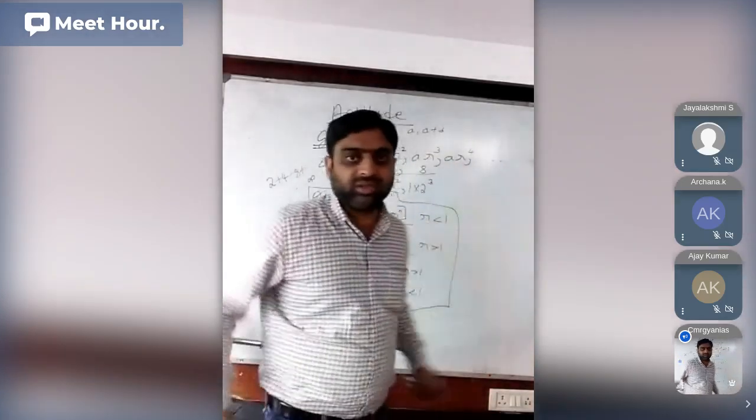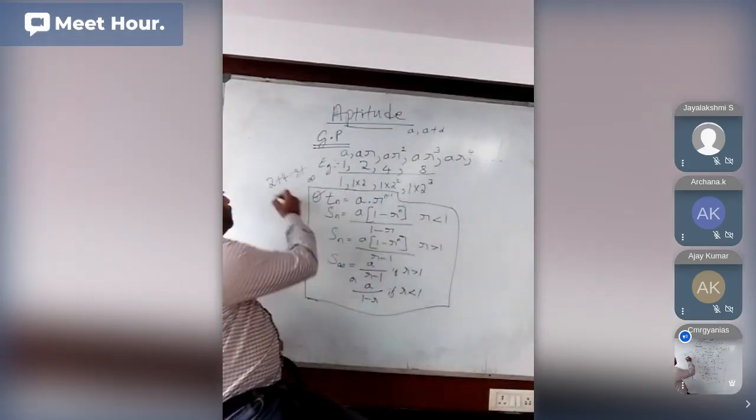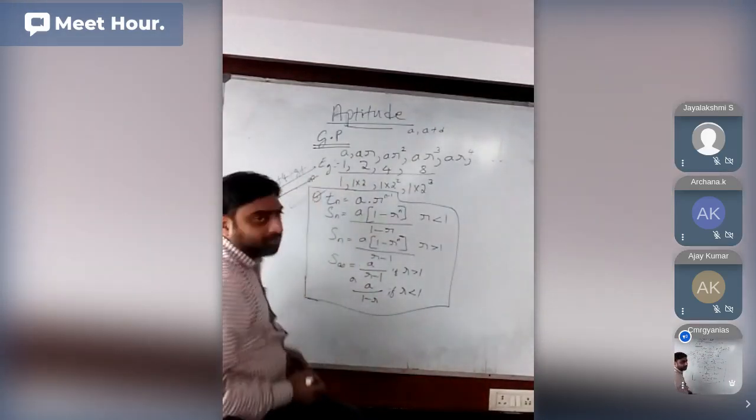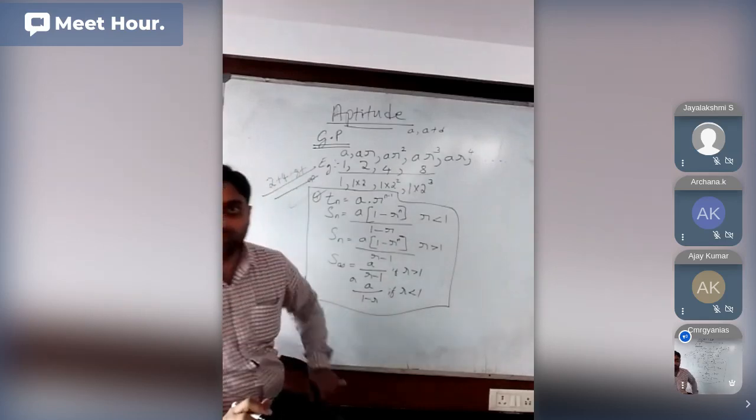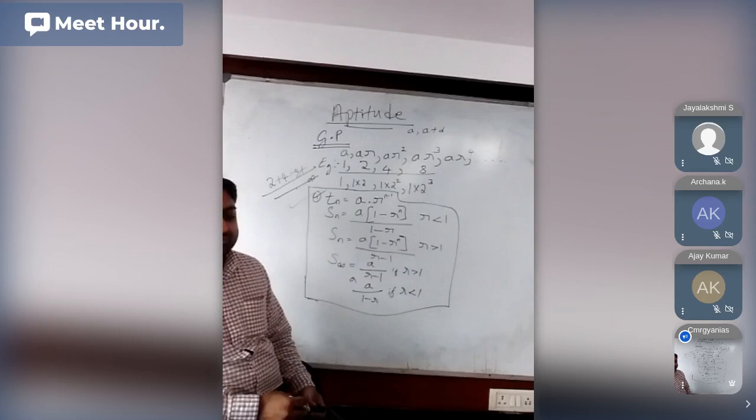In a geometric progression, the series is as follows. 2 plus 4 plus 8 up to infinity.